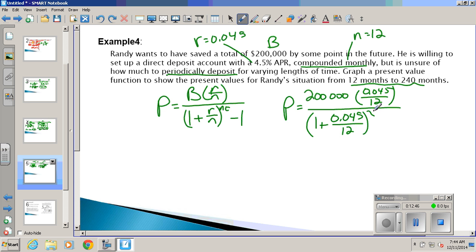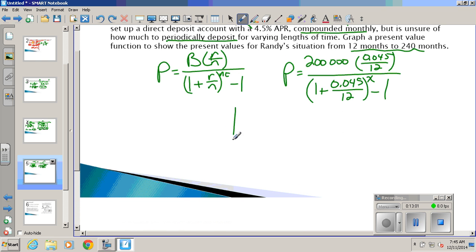So over here I'm going to put an x because I don't know my time. So this becomes my independent variable. And if you graph this, you'll get a graph that looks like this.